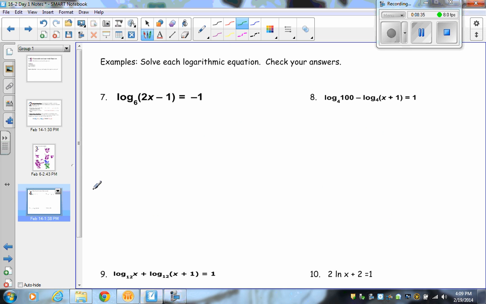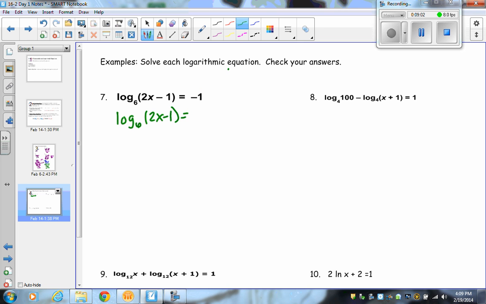When solving equations, you always have to remember to check your answers, because we can't take the log of a negative number. So we have the log base 6 of 2x minus 1 equals negative 1. The first thing you want to do is rewrite the number negative 1 using a log base 6. So this is log base 6 of 2x minus 1 equals, well, how can we get negative 1?